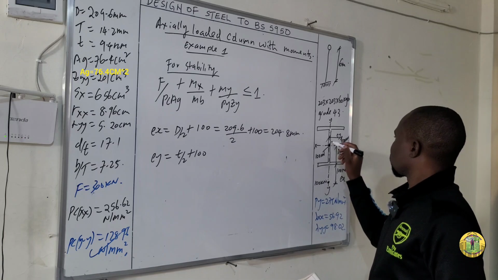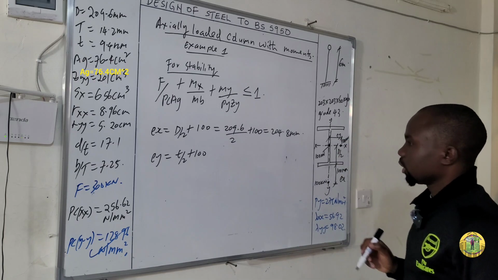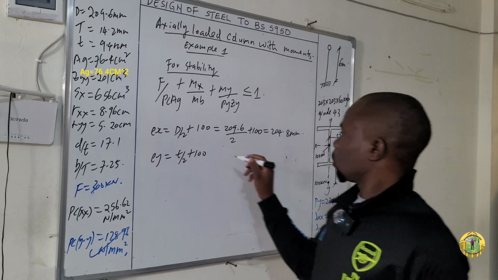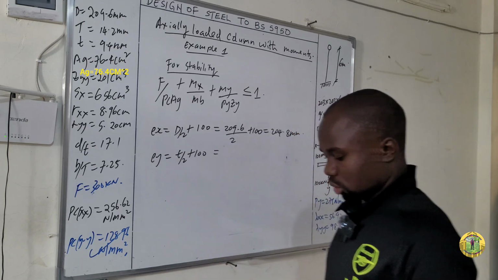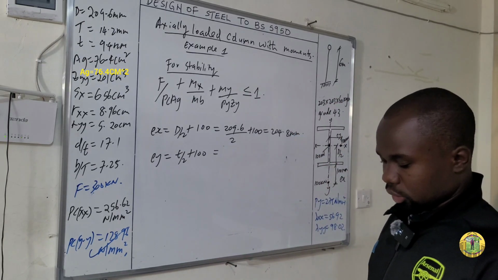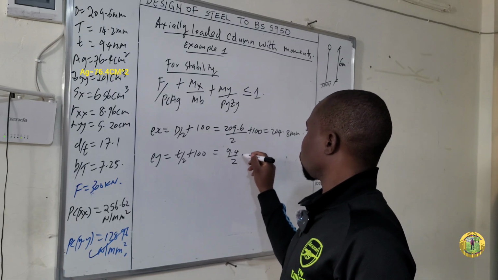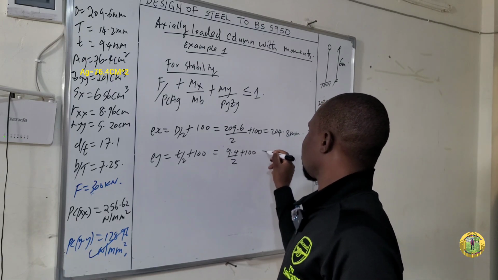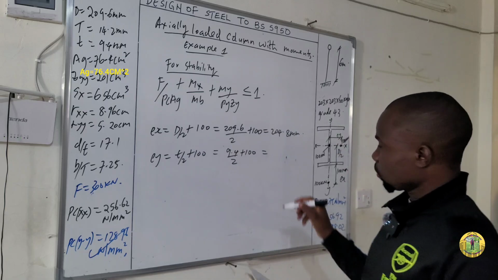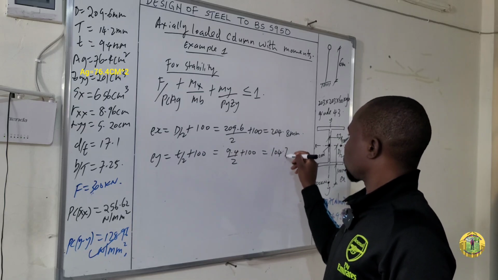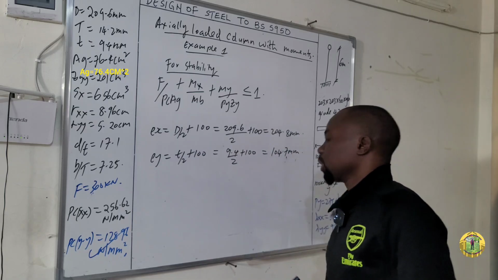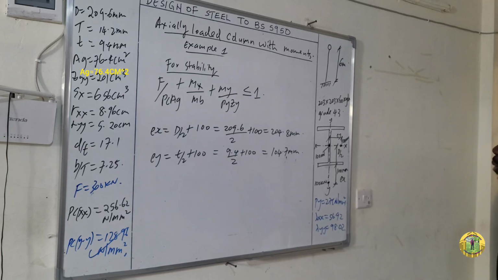And this one is T over 2. We already have T. So T is 9.4 all over 2 plus 100. So this one is equal to 104.7 millimeter, like that.